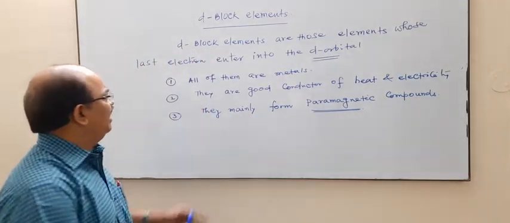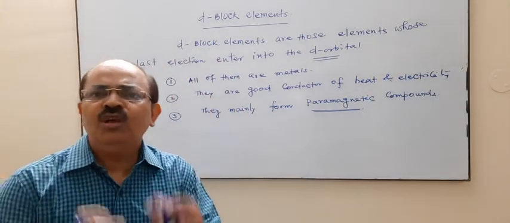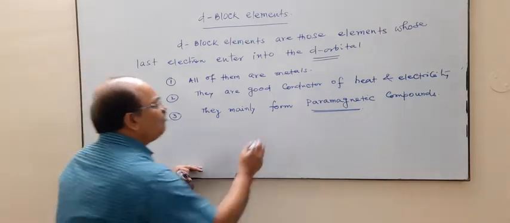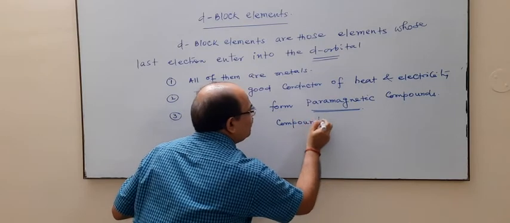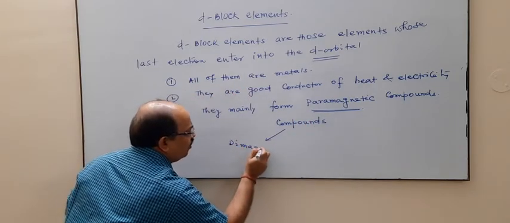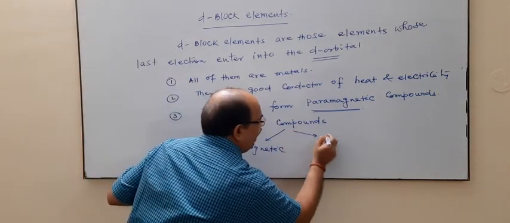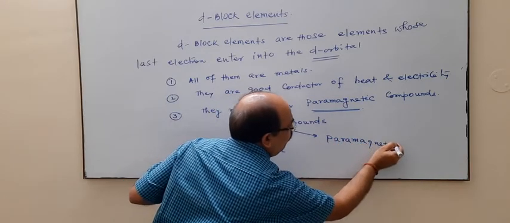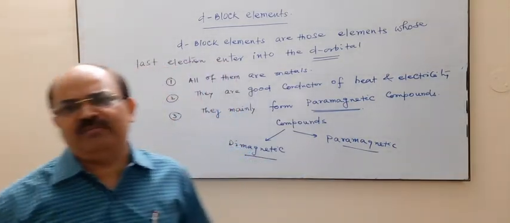Compounds are of two types. One is diamagnetic, while another is paramagnetic.